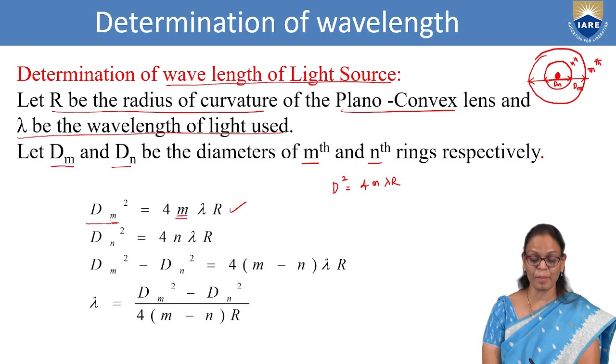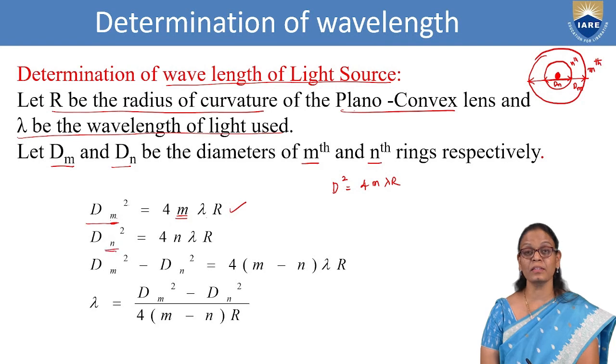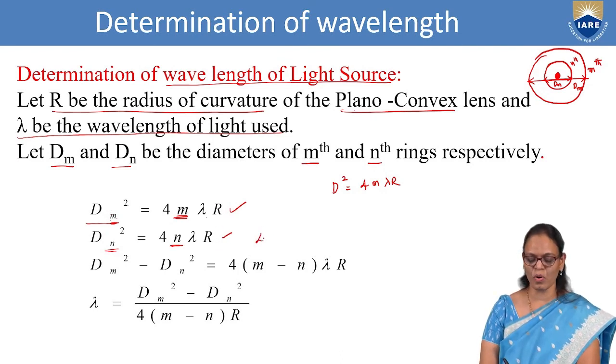Now the diameter square of the nth ring will be Dn square is equal to 4n lambda R. We are talking about the mth ring and the nth ring and trying to write their diameter squares. Once you get these two equations, Dm square minus Dn square will be, if we are subtracting on the left hand side, we do it on the right hand side too. So we have 4m lambda R minus 4n lambda R.